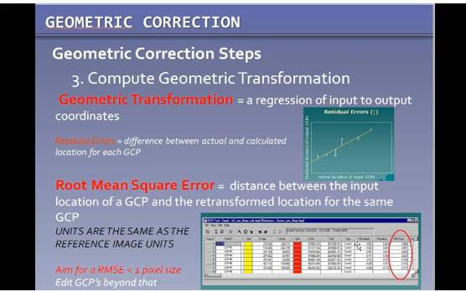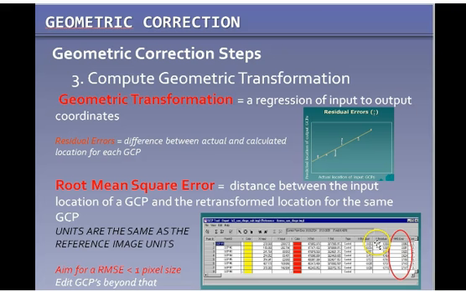So this software is basically trying to tell you, as you add GCP points, how far off your ties, those two ties, would be to each other if the model were run. And so we can see how far off we'd be in the X, in other words, sort of east to west or left to right direction, and how far we are off in the Y, or the north-south, up-down direction.